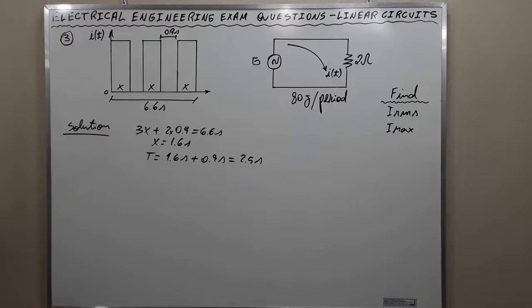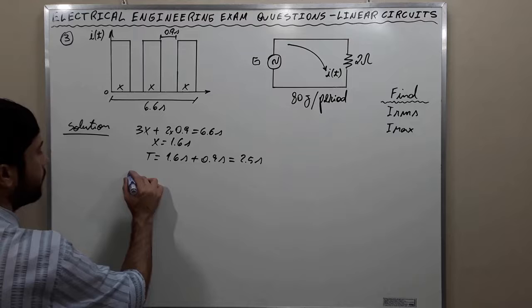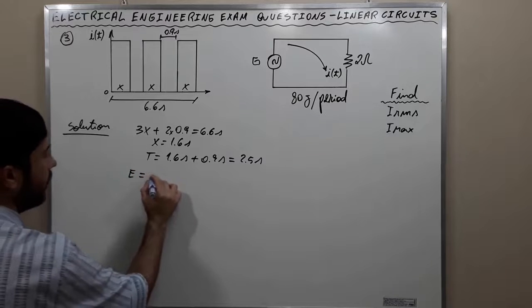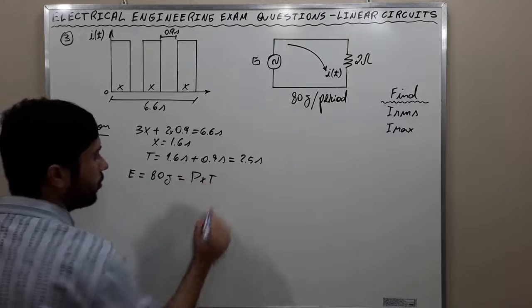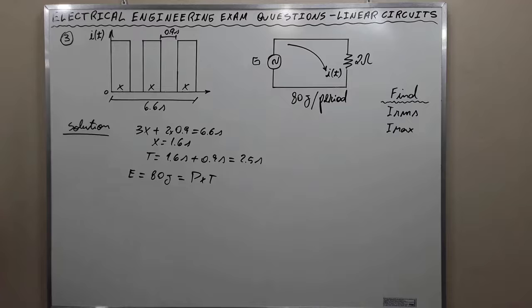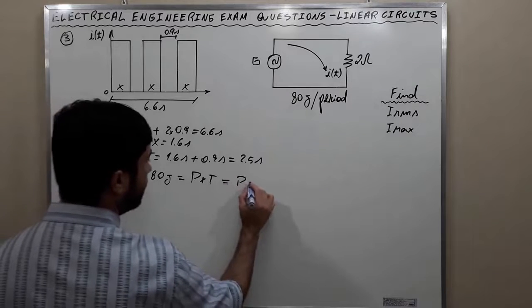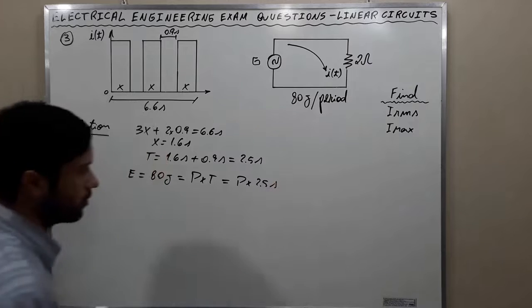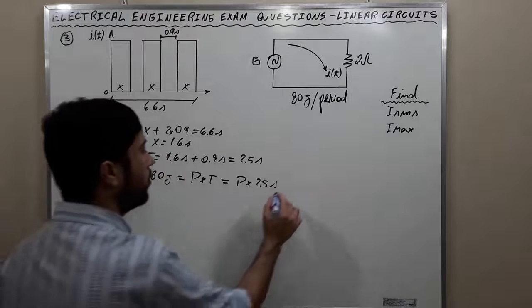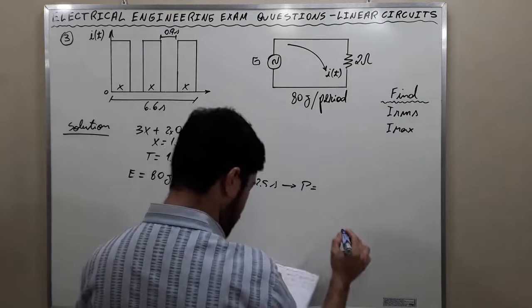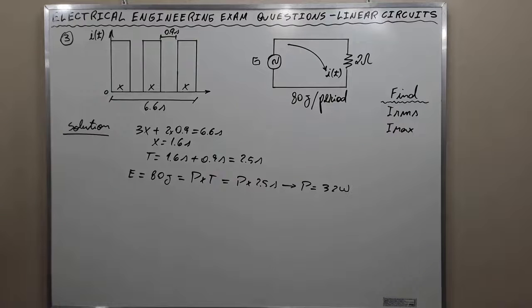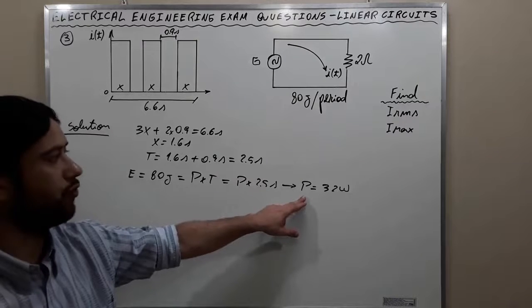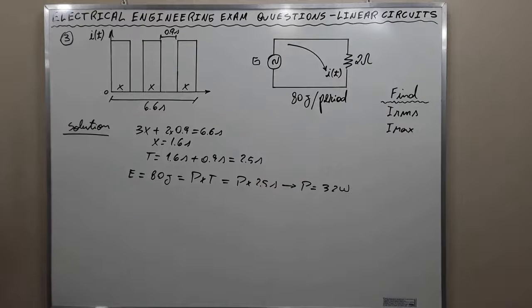We are going to use this to calculate the power. The energy per period delivered to the load is 80 joules, which is equal to power times the period, which is P times 2.5 seconds. Using this expression, we find that the power is equal to 32 watts. We use the power to find the RMS value of the current.